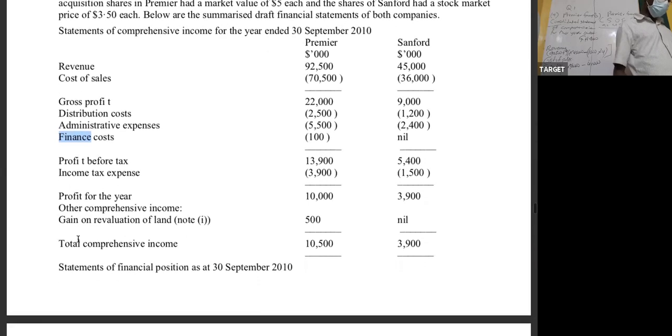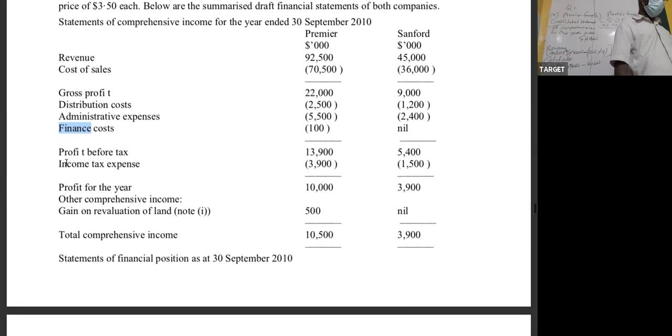Then we move on to profit before tax. Don't put any computation. Go to income tax. Income tax, open a bracket. 3,900 plus 4/12 of 1,500. And that'll give us 4,400.